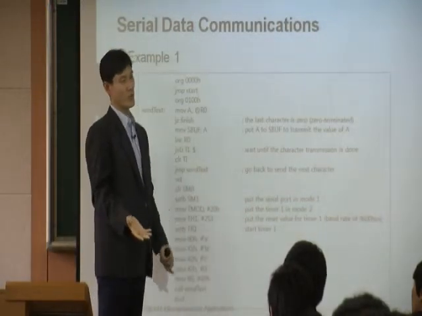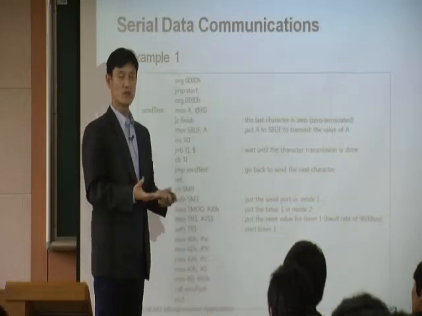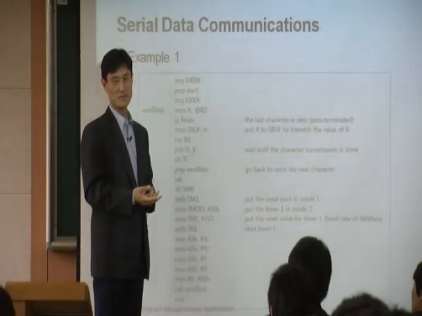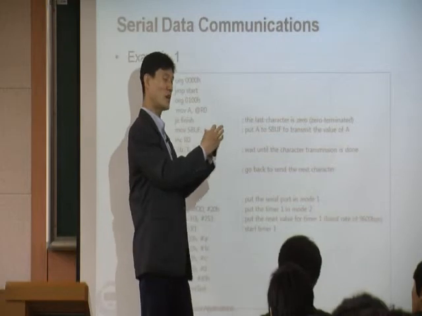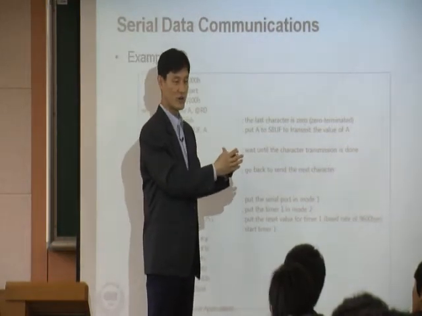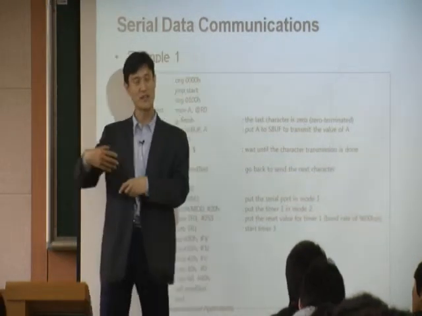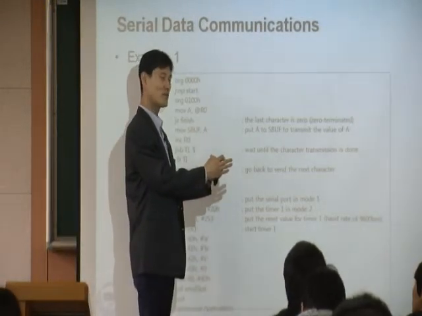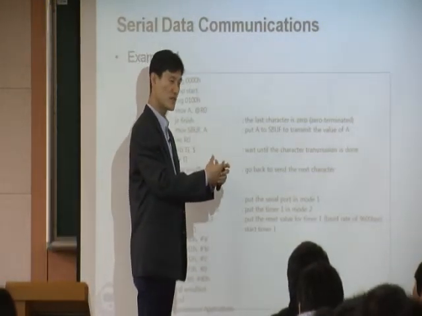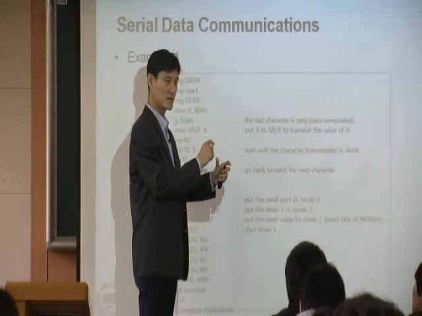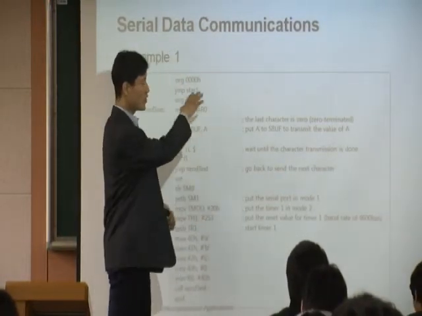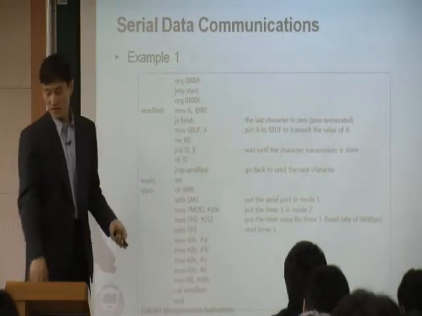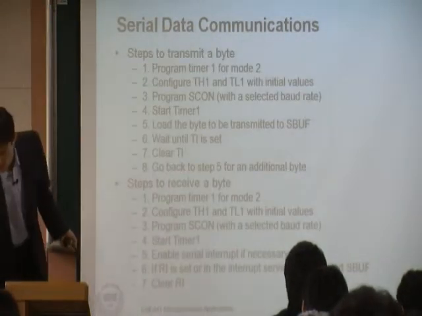But I don't know when I would receive a letter, and I cannot watch the RI bit 24 hours, right? I need to do something else. So what is a better way to do the receive side? Interrupts.